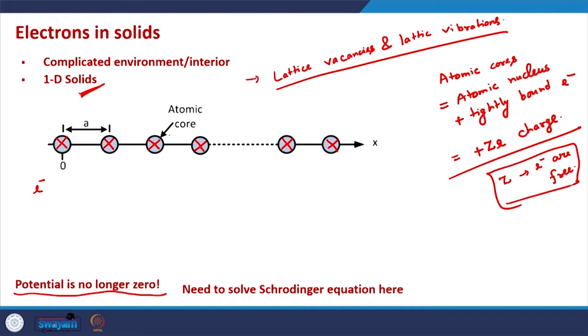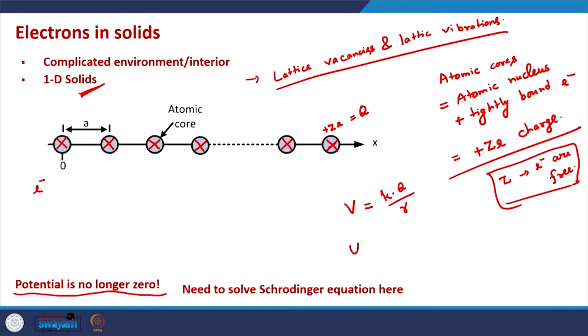But just take a moment and think what will be the potential energy of the electron in this particular environment. In this environment, as you might recall, the potential due to each atomic core will be a constant times the charge of the atomic core, k times q, where q is the charge of the atomic core, which is basically Z times e in this case, divided by r.